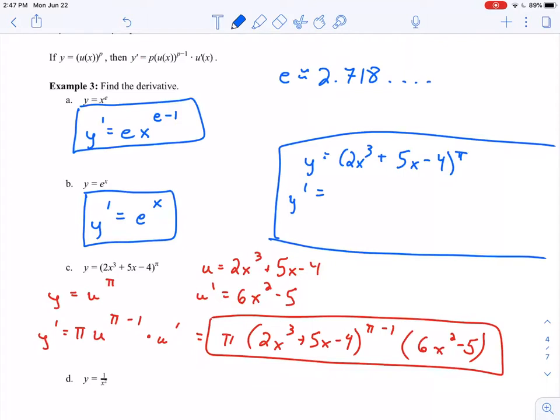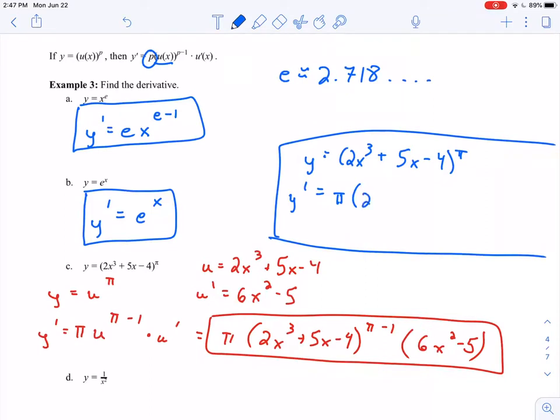What does it say? I multiply by the power, so I'll have pi. Inside part stays the same, so 2x cubed plus 5x minus 4. Subtract 1 from my power, so pi minus 1, times the derivative of that inside part, u prime, so I should have 6x squared minus 5.